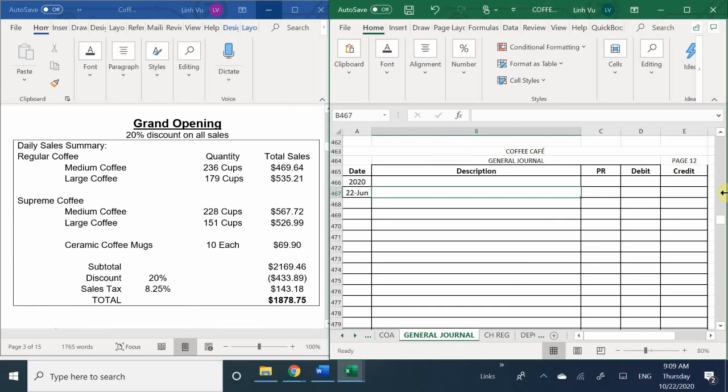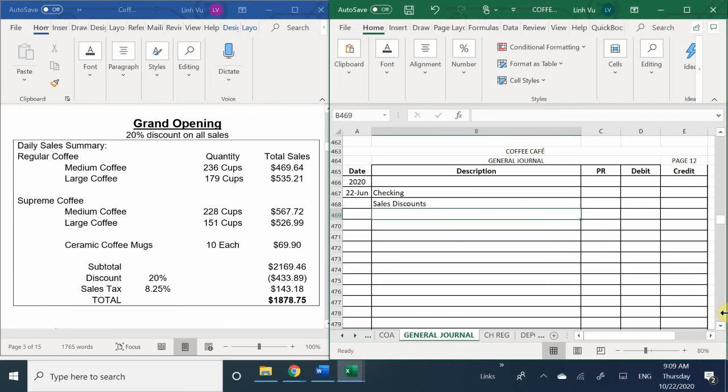And then we're gonna debit checking. We're going to debit checking. Okay, good. Sales discount. Do we put the amounts as we go, or we can just do the accounts first and then go back? Whatever makes sense to you.